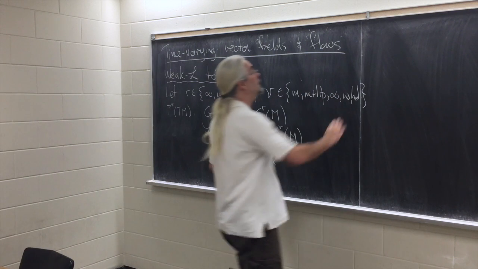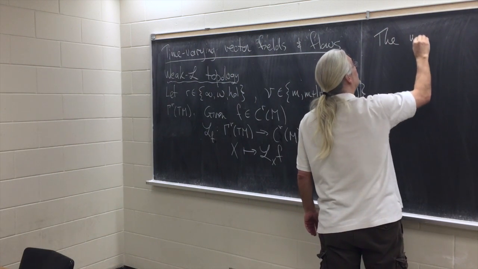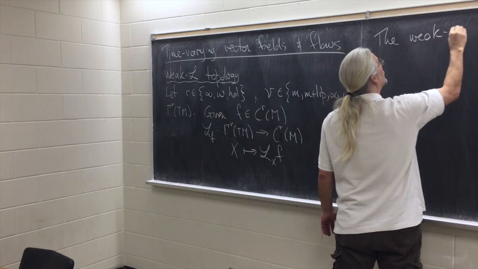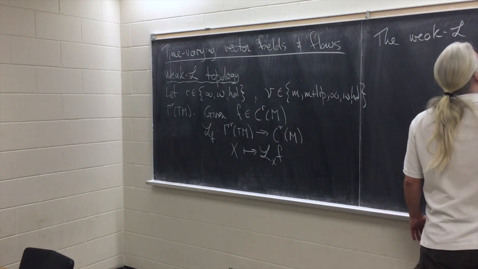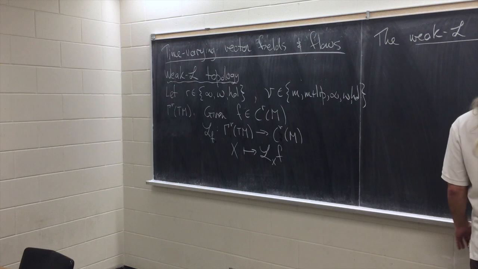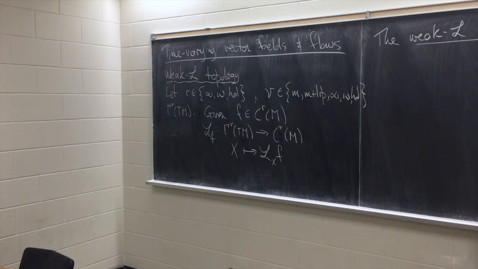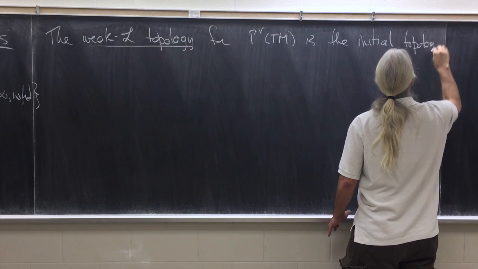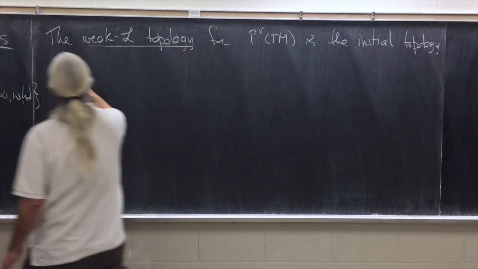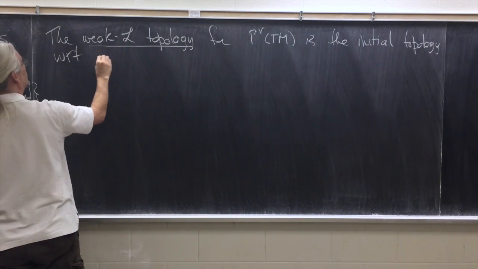So this is the weak L topology for the space of C^nu vector fields. It's the initial topology with respect to all these mappings.